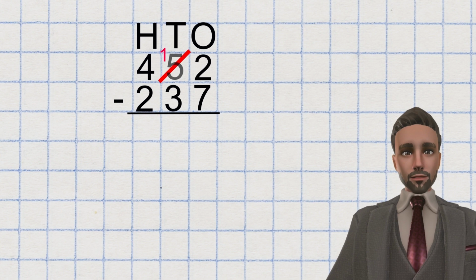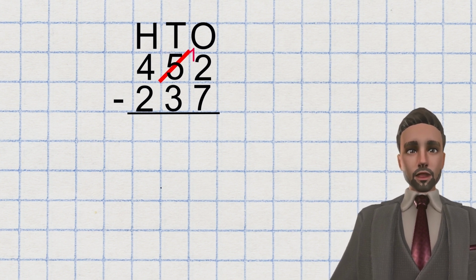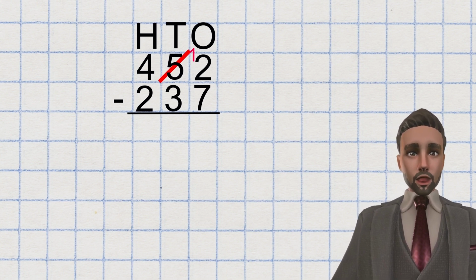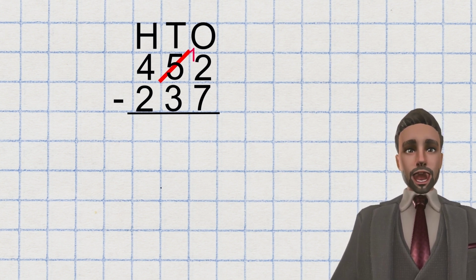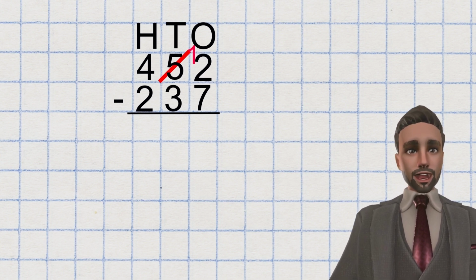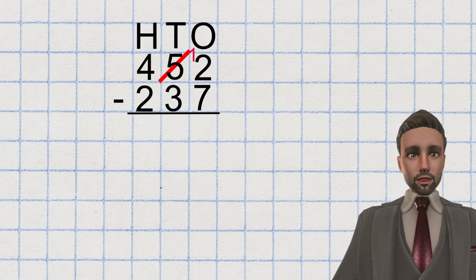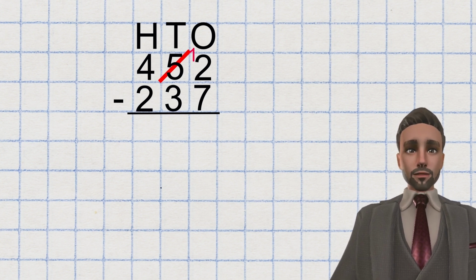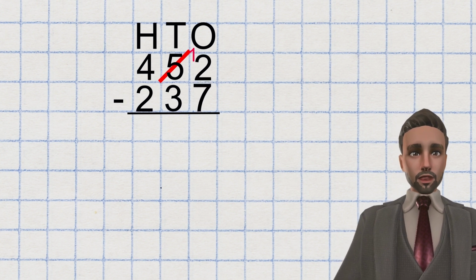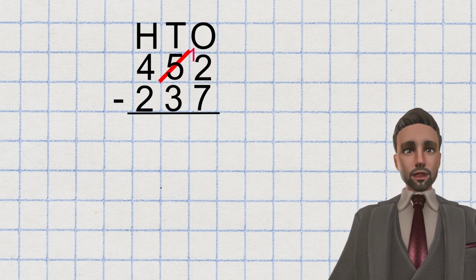We take this 1 and put it into our column, but this 1 is now 10 because that column was 10 times bigger. And now we have 10 and the 2 that was originally there. So 10 add 2 is 12, and that can have 7 subtracted from it. So 12, take away 7, 5, well done.